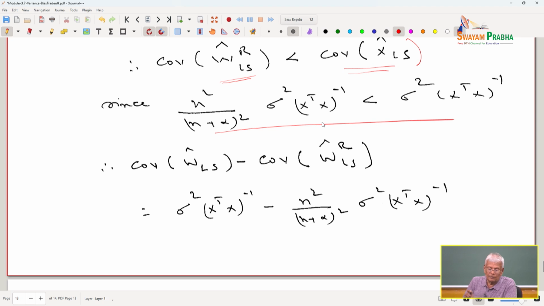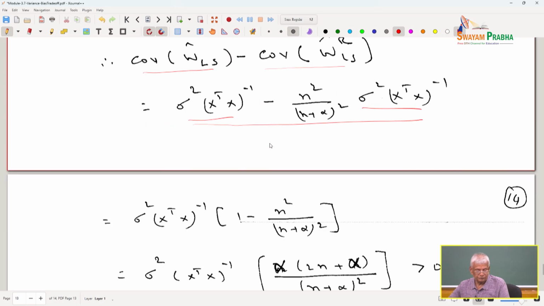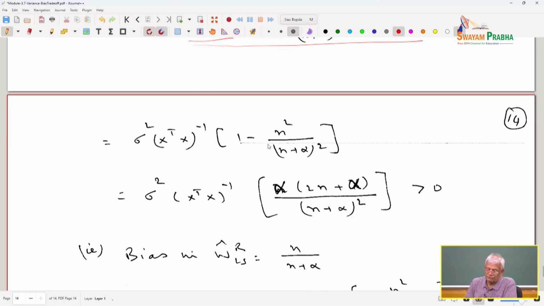So, what does that tell you? The variance of the ordinary least square estimate minus the covariance of the ridge regression is given by this expression. Now, please understand, there are two common factors. If I take the common factor, I can essentially see this is the old unweighted variance without ridge. So, the ridge brings in alpha times 2n plus 1 divided by n plus alpha whole square.